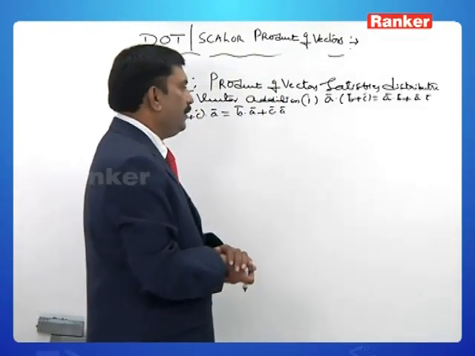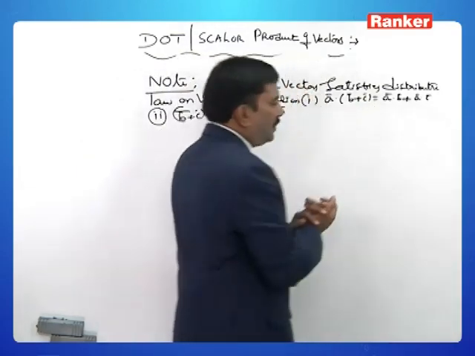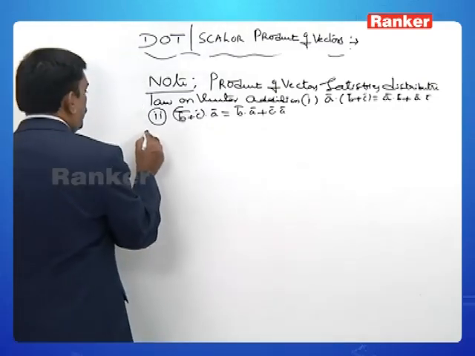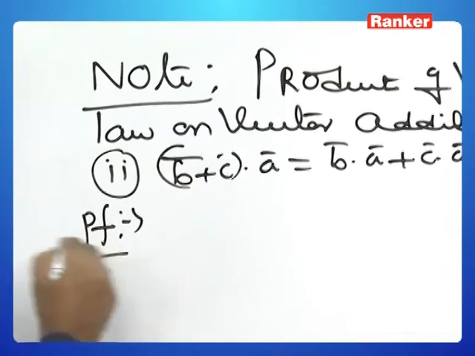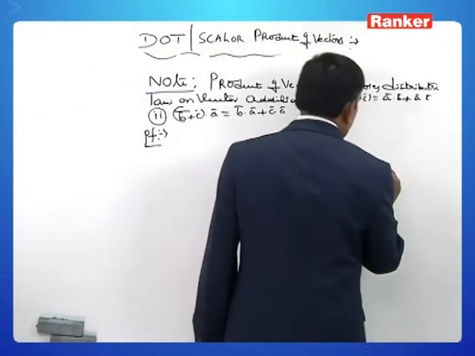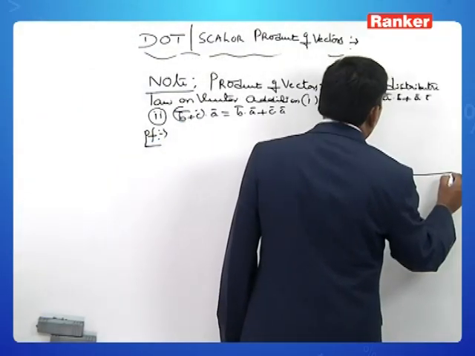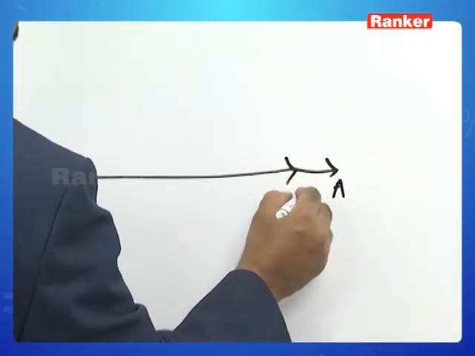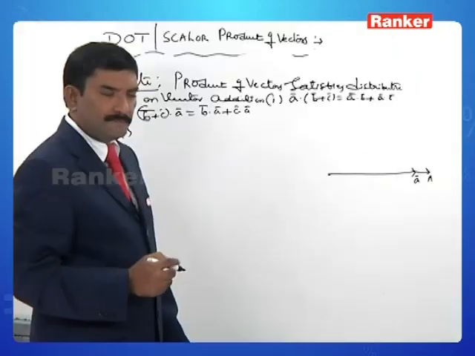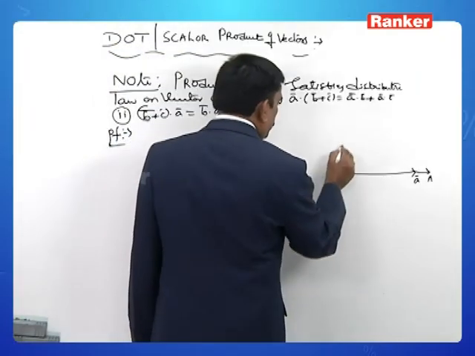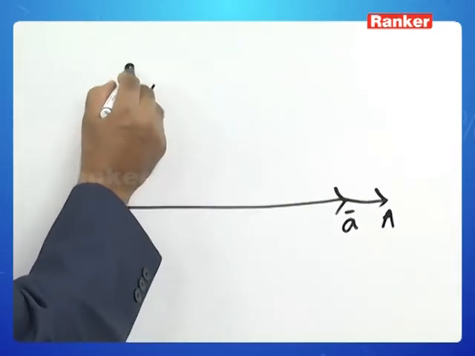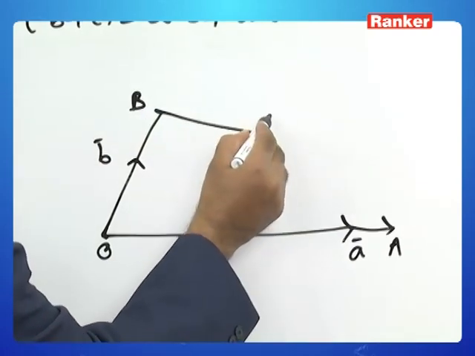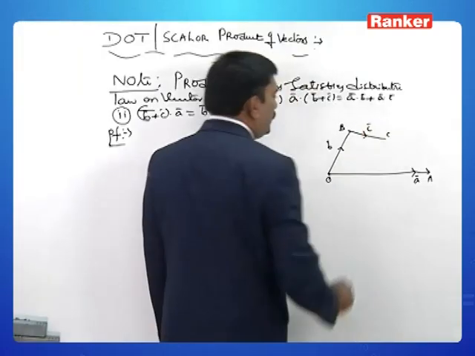Let us see how you find out. I will give the proof for the left distributive law. Let us start. For the proof, if I draw a figure, OA bar is equal to A bar, OB bar is equal to B bar, BC bar is equal to C bar.